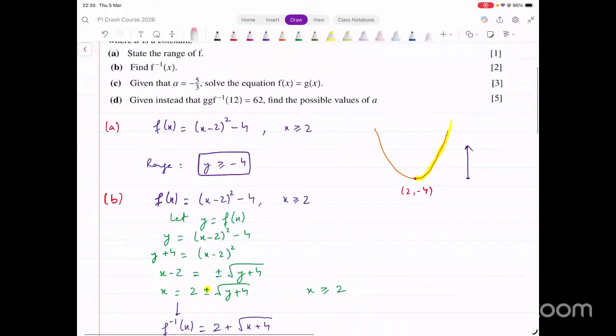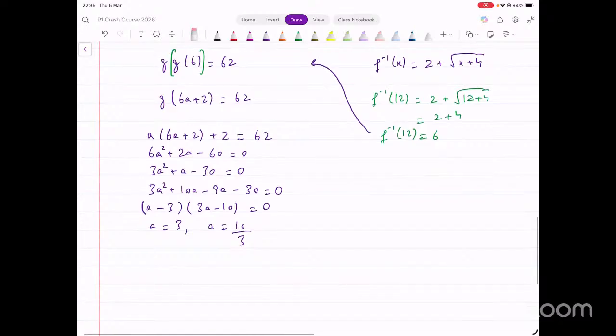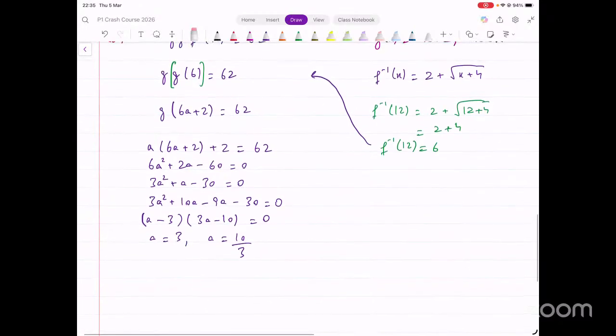Did I make an error somewhere? 30a squared, that was 30a squared. Where did I multiply by 10?